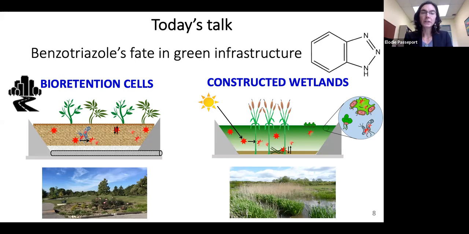So bioretention cells are a type of urban green infrastructure, which is designed by excavating the natural soil and replacing it with some engineered media. Often this engineered media is basically sand, but sometimes amendments are added in order to absorb contaminants a bit more efficiently.